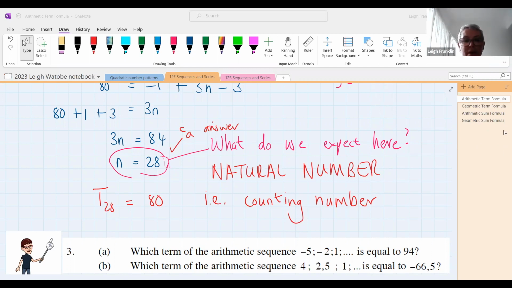But can n be negative? Remember, n cannot be negative, so it cannot be a fraction and it cannot be negative. Absolutely, it's got to be a natural number. So if you get negative 122 over 3, it means you've made a mistake and you need to go back and see if you can make a correction to that.